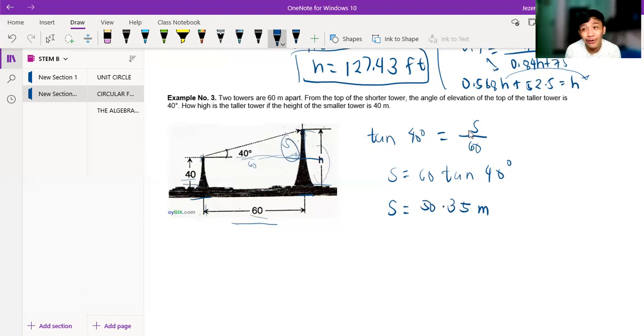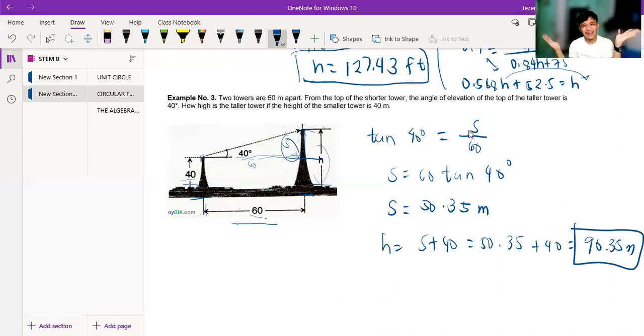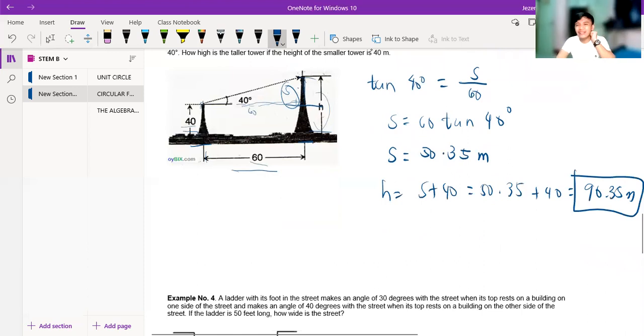Hindi naman siya bundok. Okay, ibig sabihin pareho ang ground level niya. Therefore, ang height ay equals kay S plus 40, which is 50.35 meters plus 40 meters, which is 90.35 meters. And that's it. Walang kahirap-hirap. Ano ba naman tong ating topic? Very, very easy. Okay? So, nakuha ba natin? Sana nakuha natin yun. Okay?